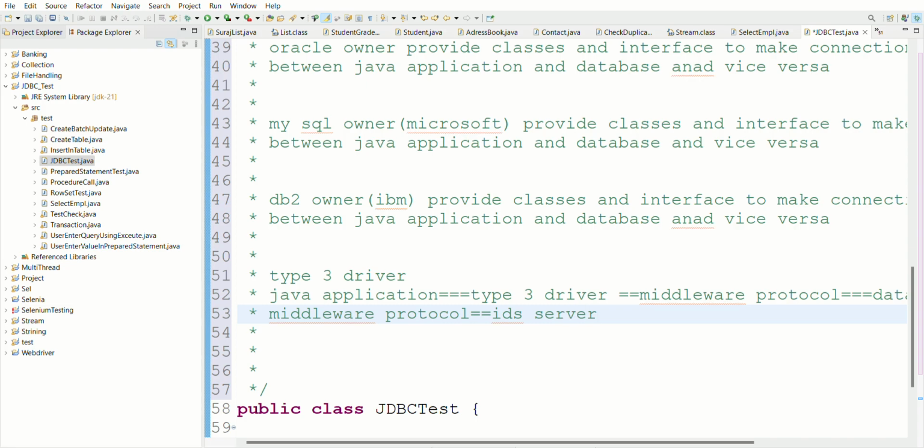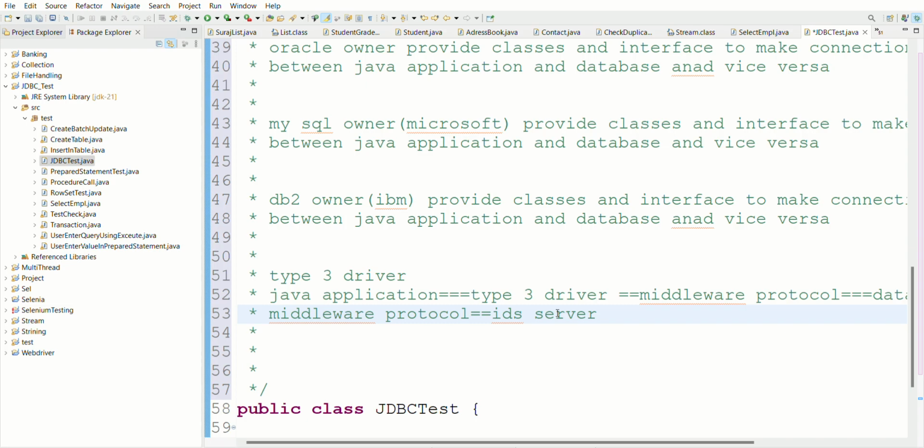So to communicate with IDS, we have to install this middleware protocol. Got it? Middleware protocols will be installed, and the middleware server is indirectly using the IDS server.